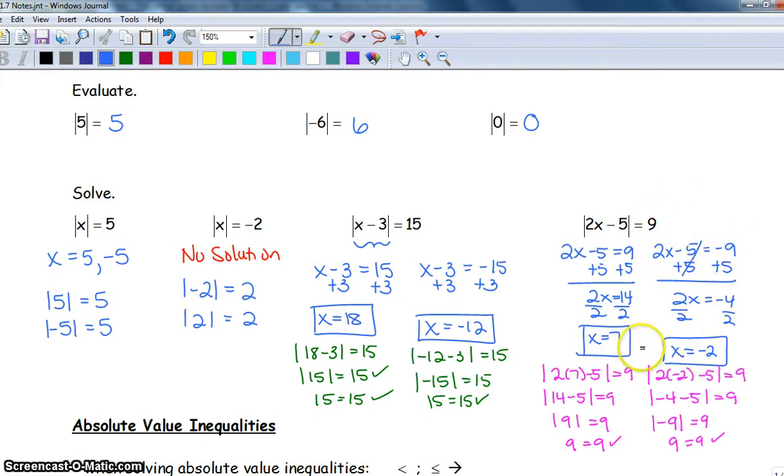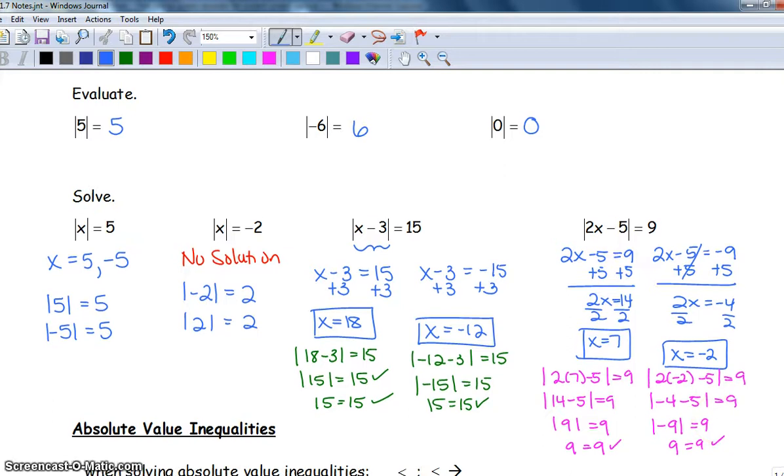We're trying to find that value of x that's going to make that expression be a negative 9. Because when I evaluate the absolute value of a negative 9, I still get a positive 9. So the two values that you should have found were 7 and negative 2. If you didn't find those two numbers, make sure that you're pausing and checking all of your work with my work to see where you made your mistake.